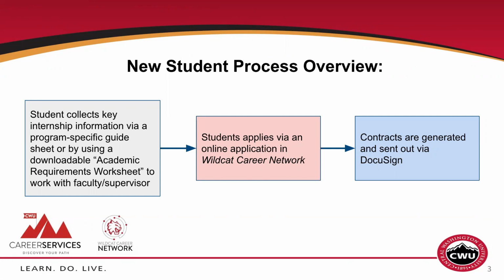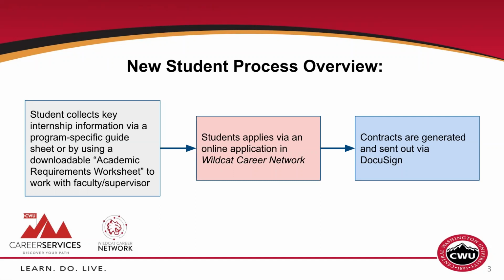If they see their program, they can click on the guide there, and that would give them a cheat sheet they can use when filling out their internship application. It would include information like the course prefix they need, the name of their program chair, the name and email of the dean of their college, as well as some details about the assignments that would be required for their internship or the specific learning objectives that they should outline.